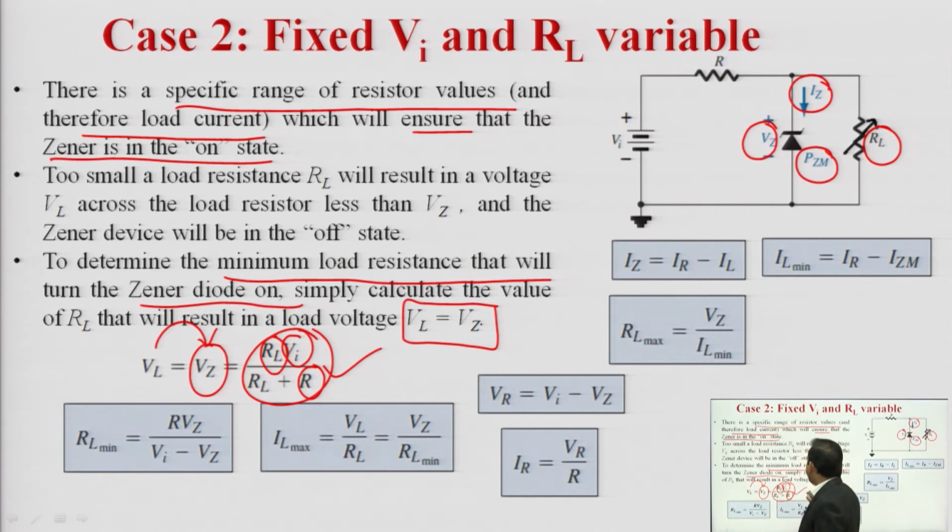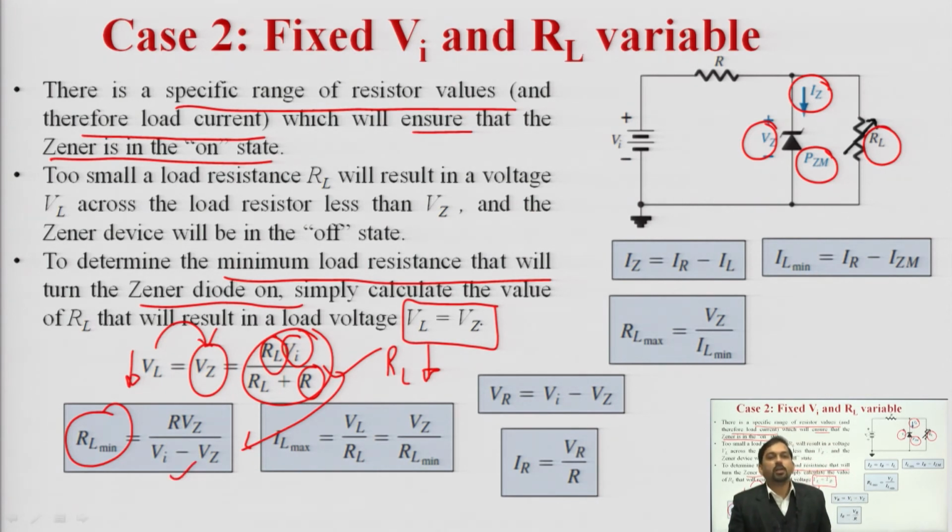If RL is very low, that means VL is very low. If VL is very low, the Zener diode will not be on. So, RL minimum we can solve with this equation: RL minimum is R multiplied by Vz divided by Vi minus Vz. This expression gives us the minimum value of load resistance.